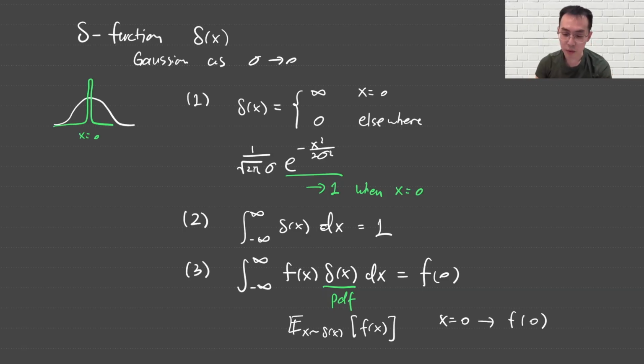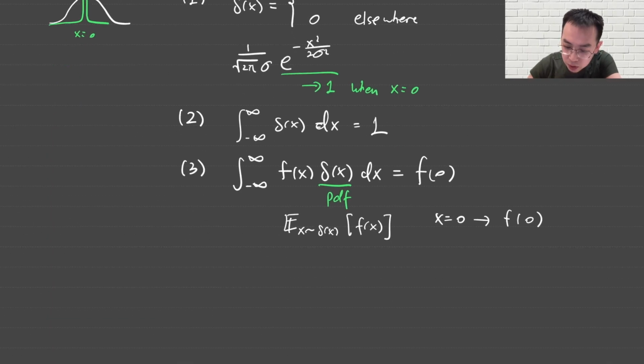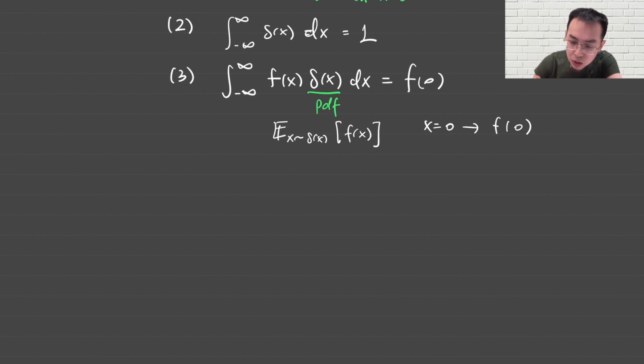This is a property we're going to use, and what we're going to do here is make a slight change to it. Consider a shifted delta function, shifted by xi: delta of x minus xi.